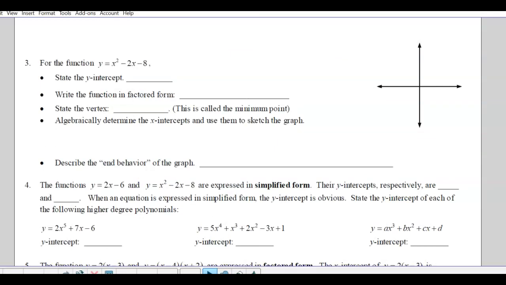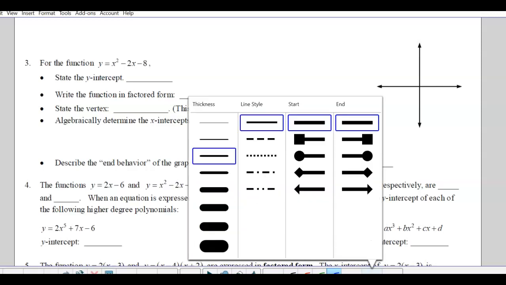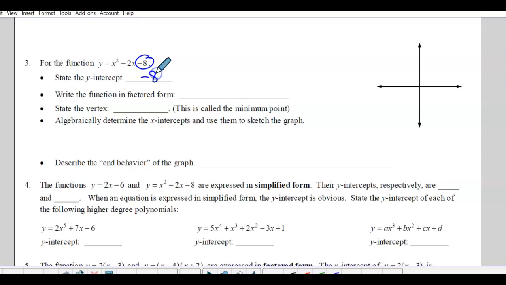So now we're into a quadratic. This says, for this function, state the y-intercept. Okay, so the y-intercept is -8. That's a review. Factored form, that's a review.